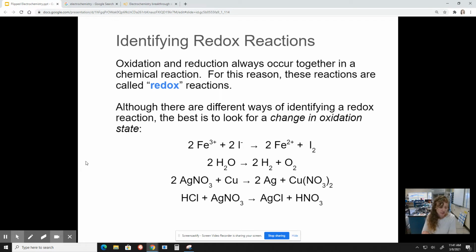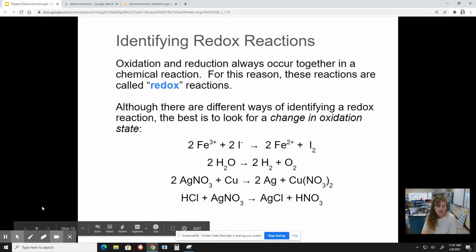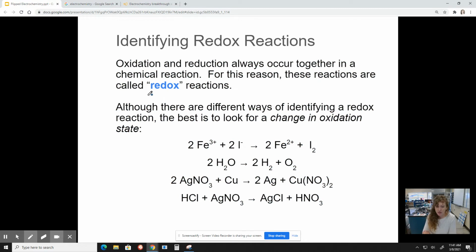Now, how do you identify something as a redox reaction? Again, that's going to come down to the change in electrons. Remember, if it's a redox reaction, we're going to have electrons shifting from one thing to the other. It's not always super obvious. Sometimes it is really easy to see. We can see that iron's charge changes from a 3 plus to a 2 plus.